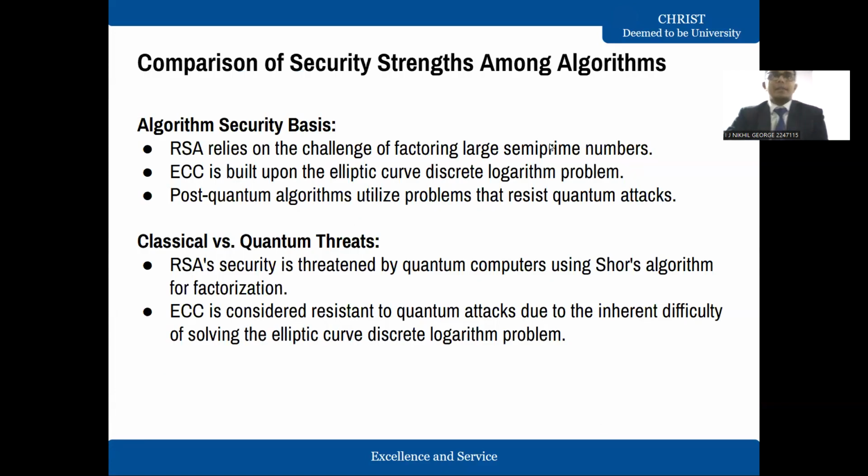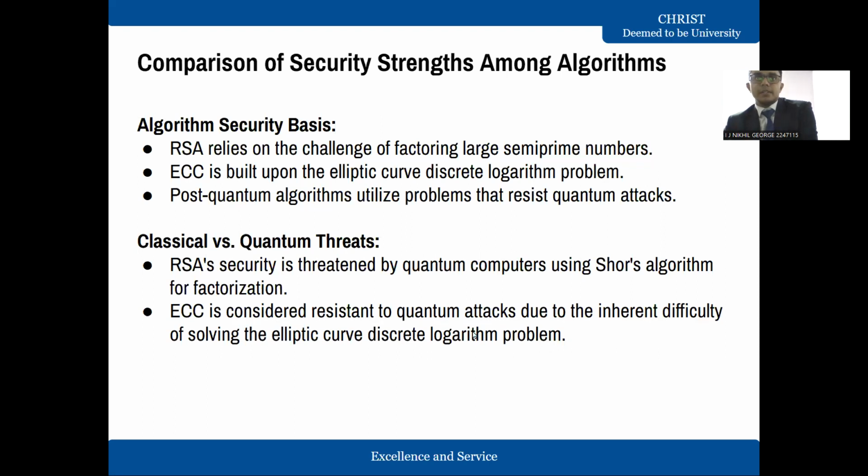Now we'll be comparing the strengths. RSA relies on the challenge of factoring large semi-prime numbers, and ECC is built on the elliptic curve. And here, a post-quantum algorithm uses problems that resist quantum attacks. Okay, so classical versus quantum.